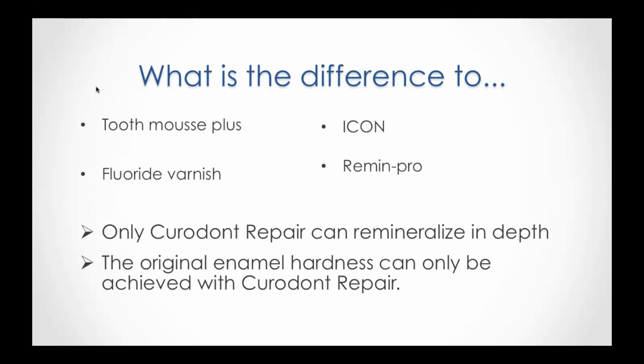The GC Tooth Mousse Plus is a casein phosphopeptide calcium phosphate fluoride, which is recommended for sensitive teeth. And then the Remin Pro is also a fluoride enhanced hydroxyapatite gel, which is used on sensitive teeth or beginning demineralization. But all of those products cannot remineralize the tooth in depth.